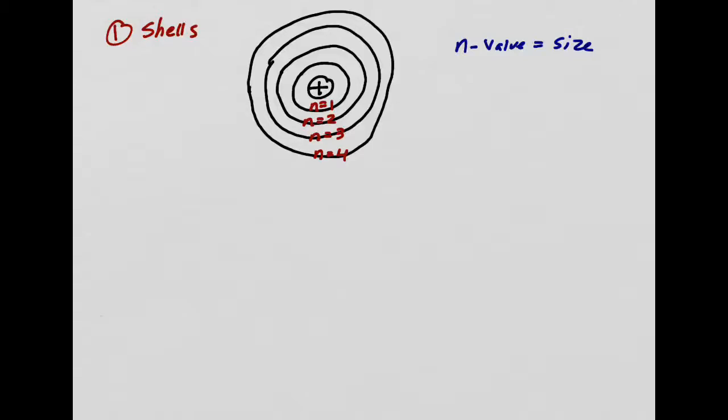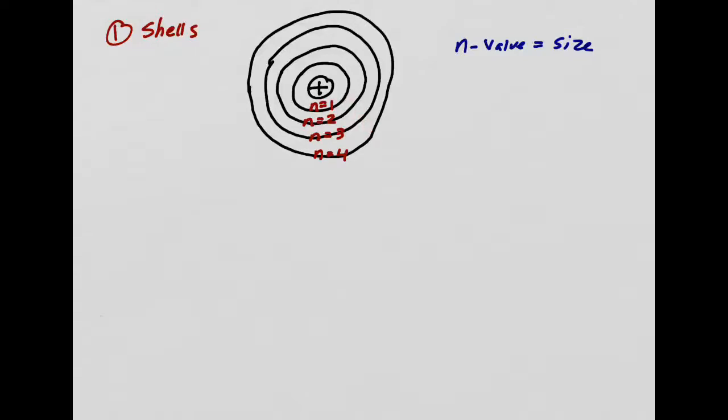If you are closer to the nucleus, your size is smaller, and your size gets larger as you go away from the nucleus, and you also have a higher energy. When you go farther from the nucleus, your size gets larger and larger.